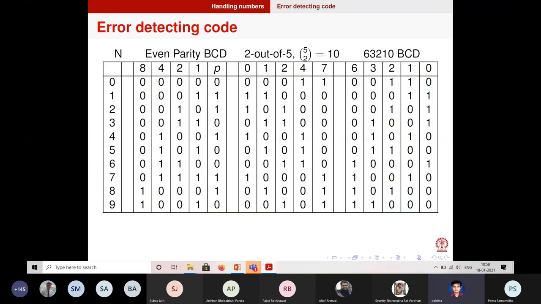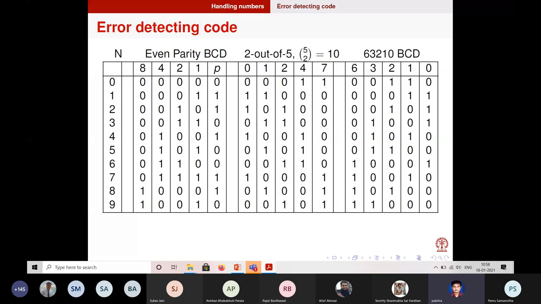now the most important property that this XS3 code, this gray code and other things will lead us to, or maybe I'll do this in the next class, is something called error detection.